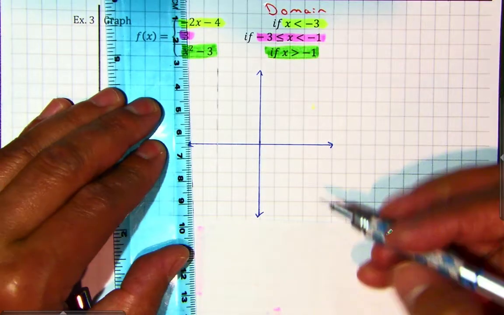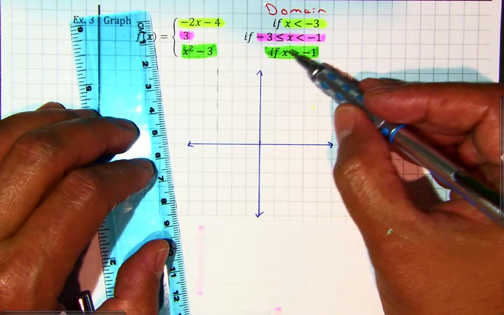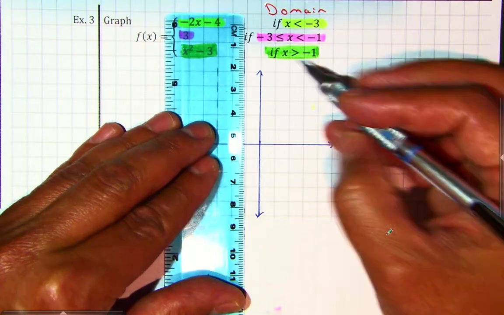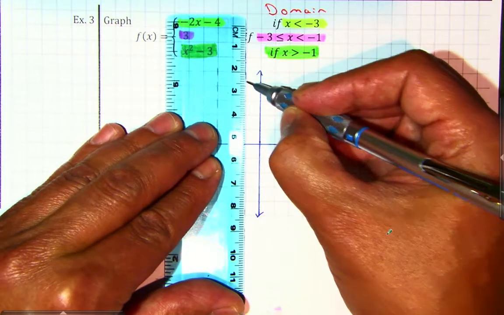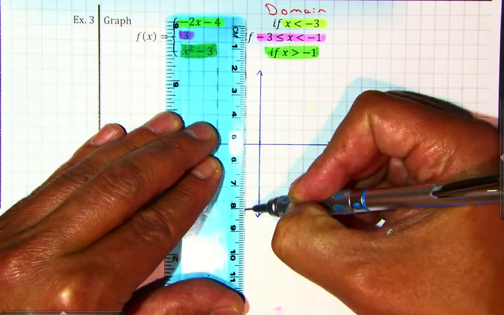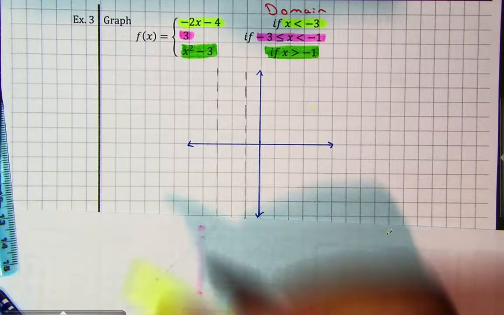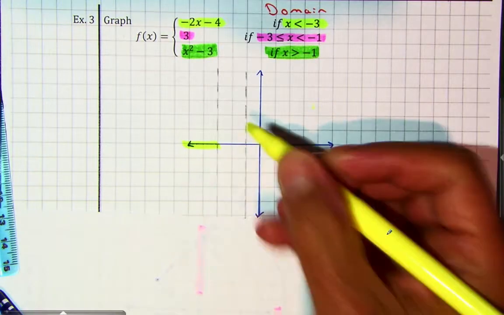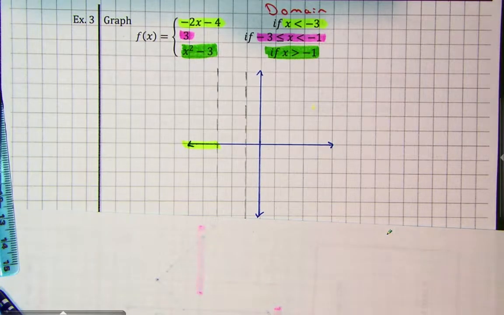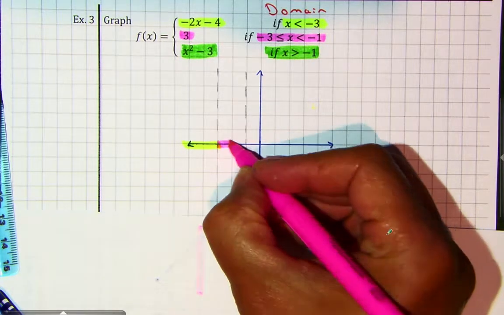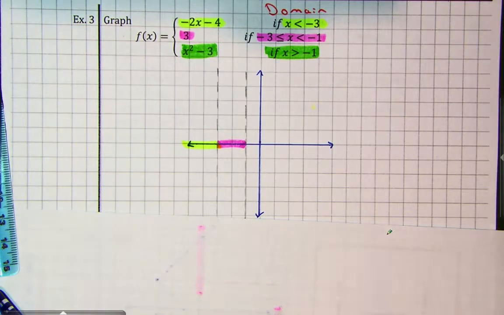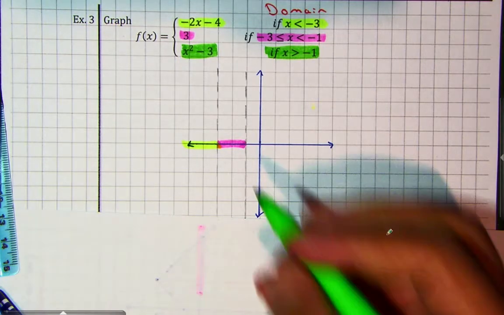And my other breakout will be at -1. So just this part. Therefore, my first part will be from here to here. My second piece will be here. And my last piece will be from -1 all the way beyond.